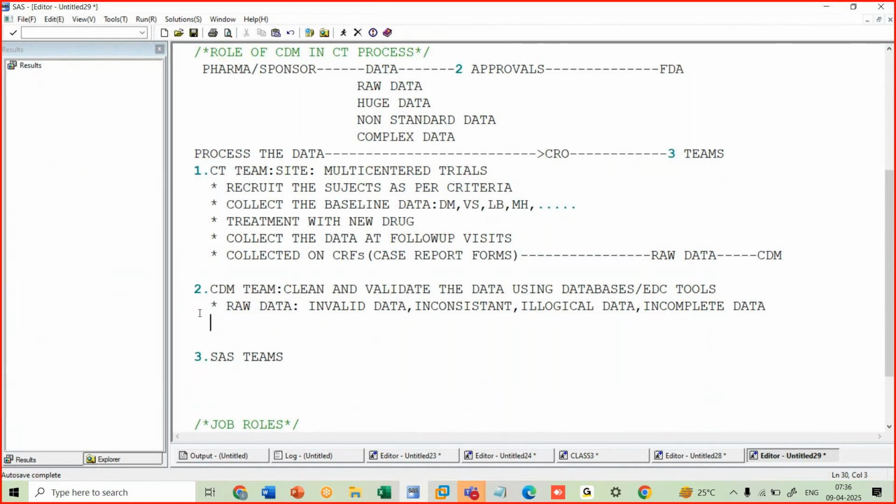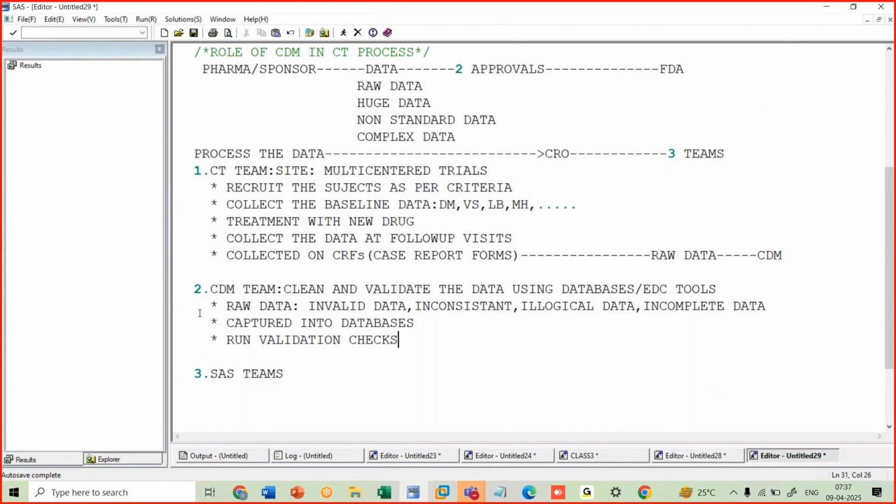Okay, what they do, CDM will ensure all the data is captured into databases. As and when the data is captured, we'll run validation checks. So what are these validation checks? These are called edit checks.